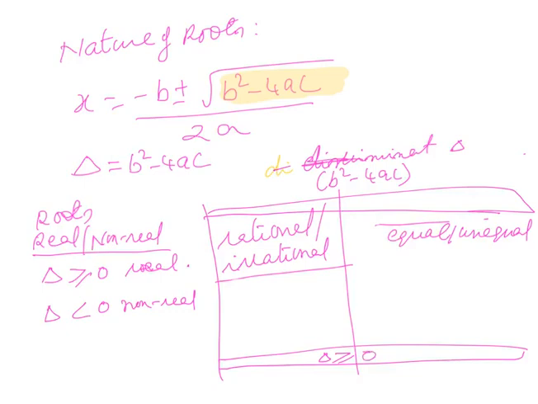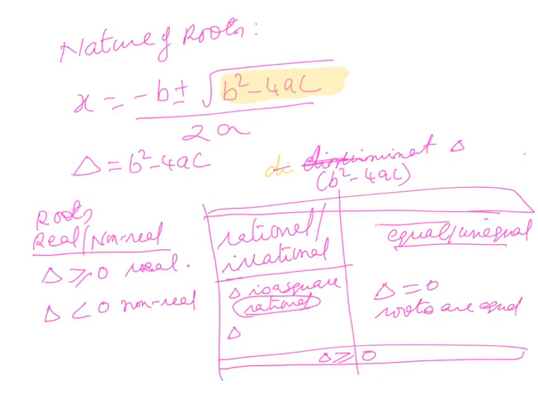So if delta is a square number, then the roots are rational. If it is not a square, the roots are irrational. I will come back to what is a square and what is not a square. Then equal and unequal: if delta is equal to 0, roots are equal.